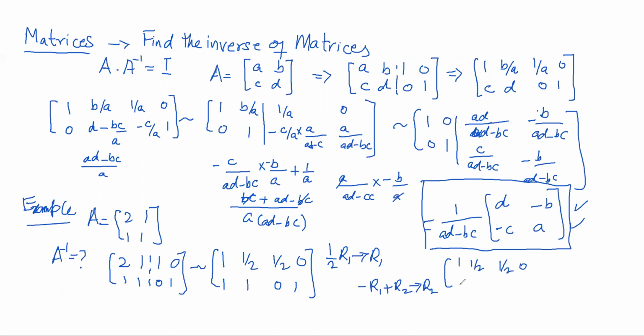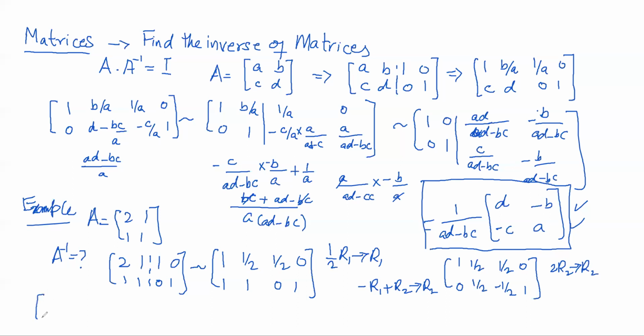And then this will be 0, 1 minus 1 by 2 is 1 by 2, 0 minus 1 by 2 is minus 1 by 2, and 1 minus 0 is 1. Okay. So now the next row operation is I have to make this value as 1. So multiply the second row by 2, so that will be the new second row.